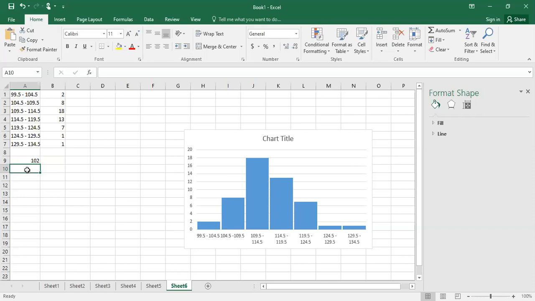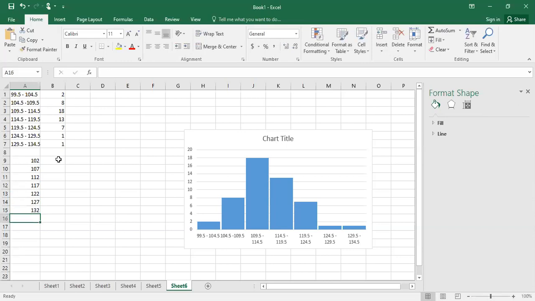Now I will add the width, which is 5, to get 107. I will get 112, then 117, then 122, then 127, then 132.